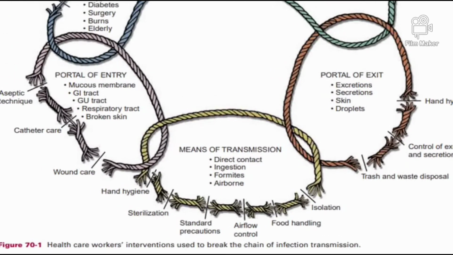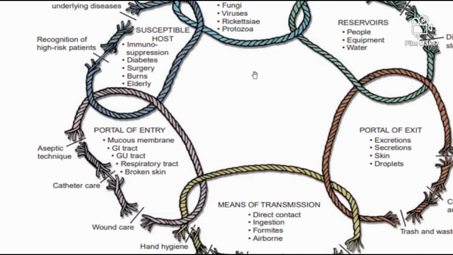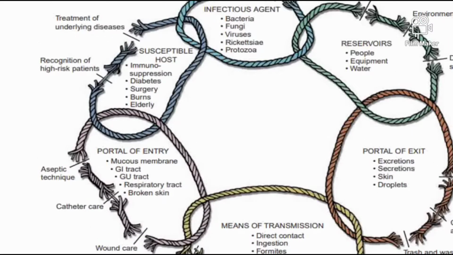In the portal of entry, such as the mucous membrane, gastrointestinal tract, genitourinary tract, respiratory tract, or broken skin, the interventions are wound care, catheter care, and aseptic technique. In the susceptible host, such as those with immunosuppression, diabetes, surgery, burns, and the elderly, the interventions are recognition of high-risk patients and treatment of the underlying disease.